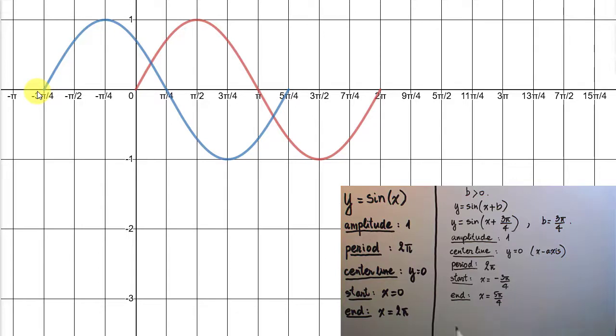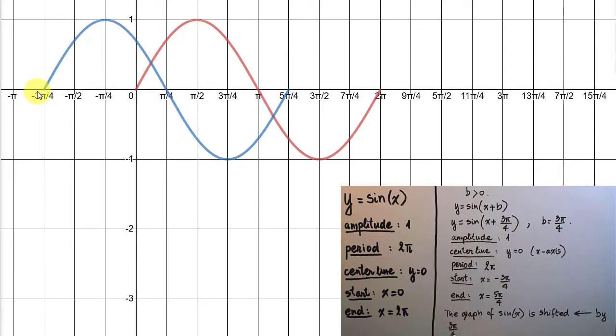And so we can say that in this function, sine of x plus 3 pi over 4, when we're graphing that, it looks like the graph of our original sine of x is shifted, but this time to the left-hand side by the quantity of 3 pi over 4.